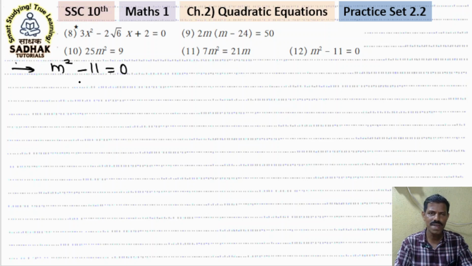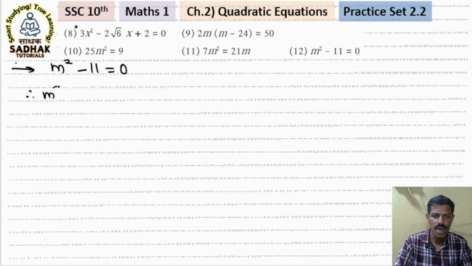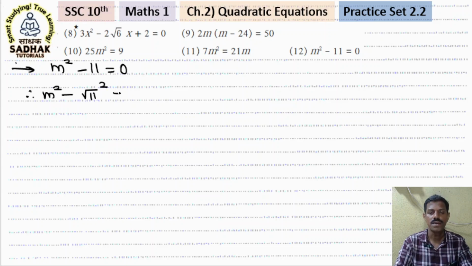Okay, we can only take 1 as common, but by doing that our purpose is not solved. So this, my friends, we can write it as like this. See, m square minus root 11 square is equal to 0. Do you agree with this? 11 we can write as root 11 square.